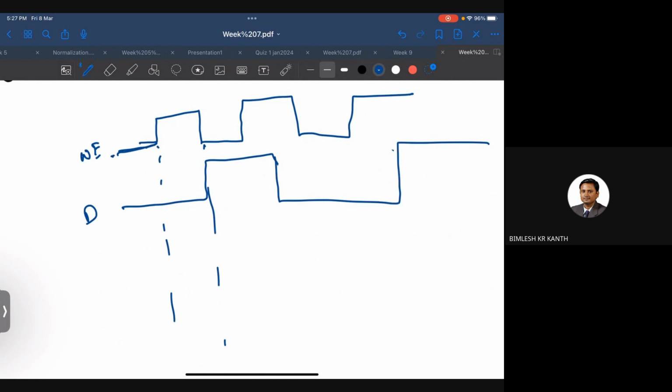So you can see that W equal to 0, right? Sorry. So let's understand this. Here W equal to 1, right? Yes. And D equal to 0. So it will be like that, right?